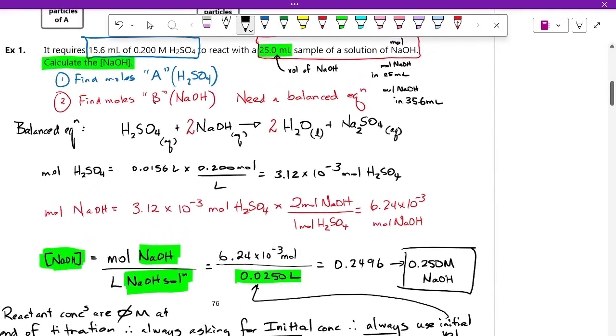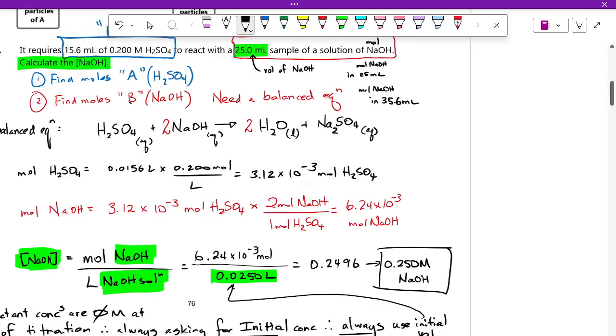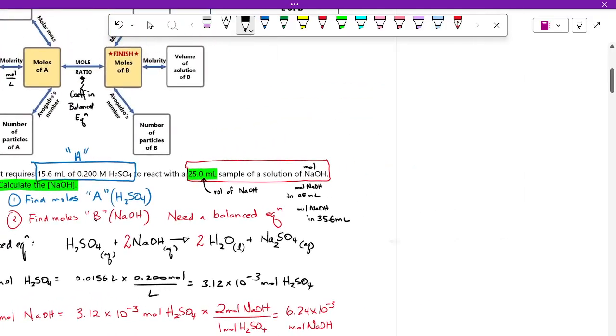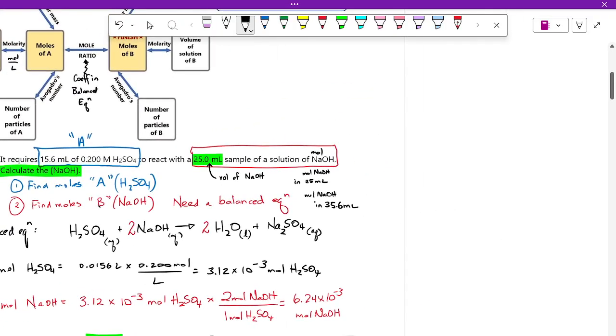Do you remember I said never use M1V1 equals M2V2 for titrations? Do you want to see what happens if we do M1V1 equals M2V2? Okay, because it doesn't actually make any sense. So we would say M1V1, and that's going to be for H2SO4, right? Equals M2V2, and that's for NaOH.